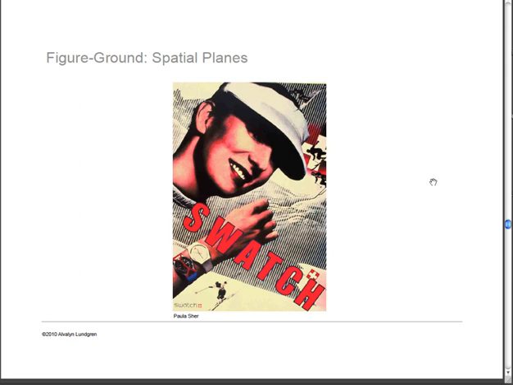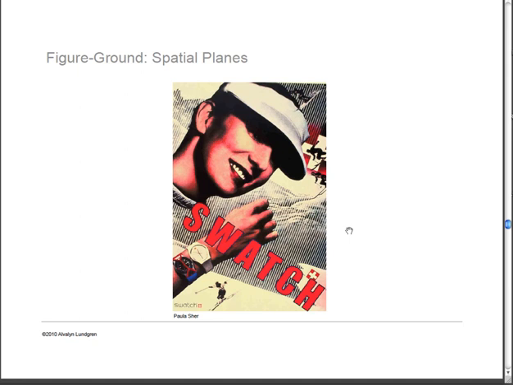Figure ground again gives us spatial planes. We have the swatch, the words in the front, the ladies behind. Then we have the skiers on the same plane as the background motif, and the background motif seems to come forward and actually merge with the woman, her shoulders and things like that. So there's a lot of integration of spatial planes because of shape relationships.